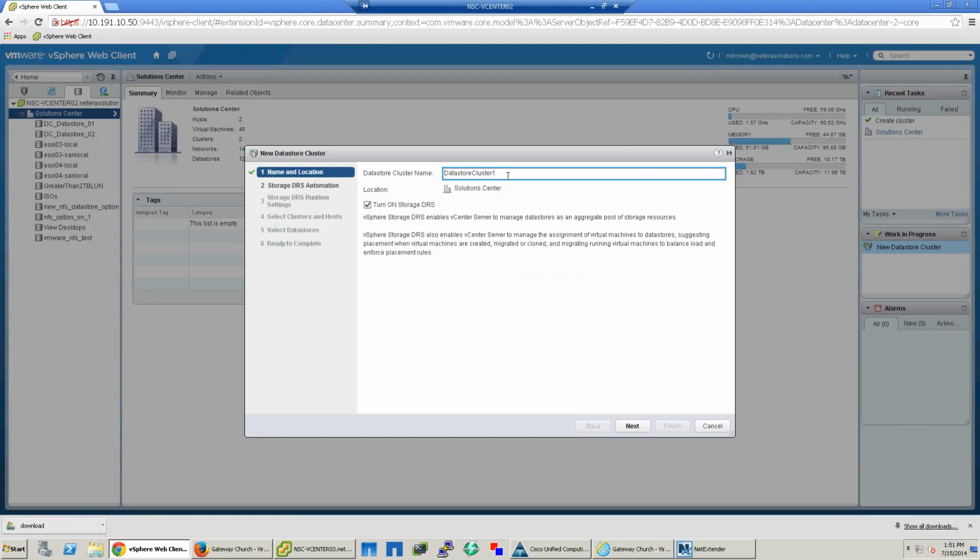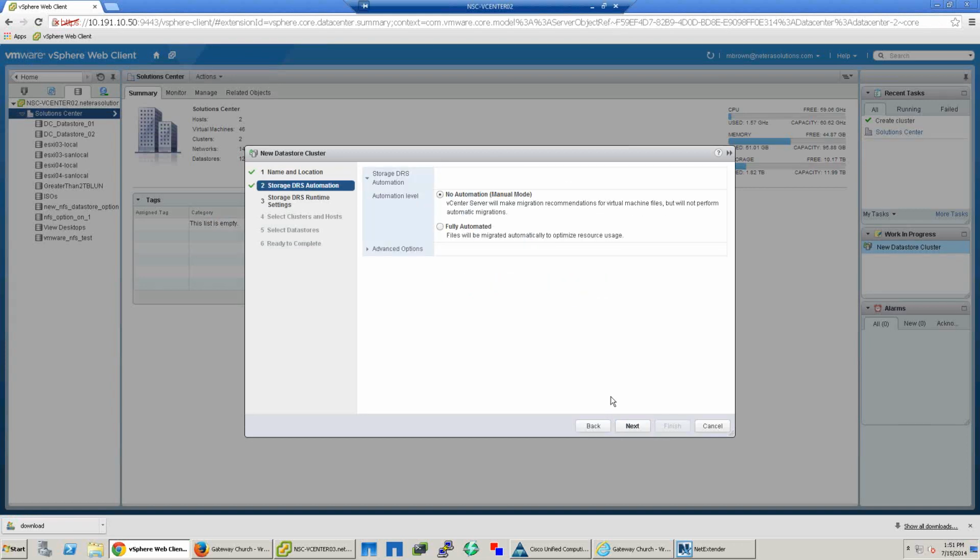We're going to turn on storage DRS. No automation would at least give you initial placement, but the fully automated level will make those storage vMotions for you, right?